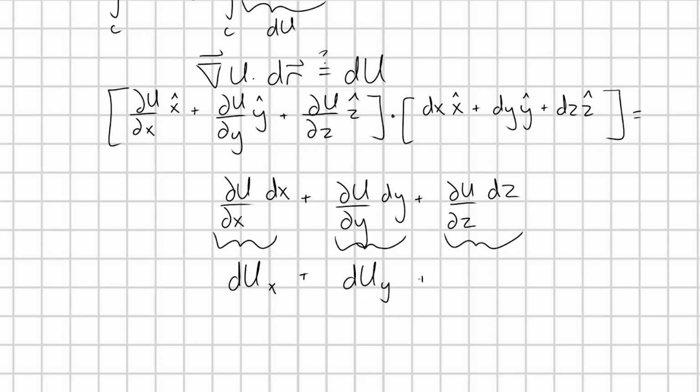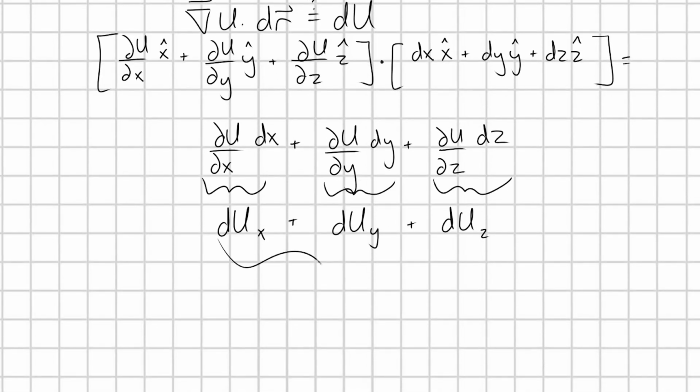And this is going to correspond to the infinitesimal change in u if you move just a little teeny bit in the z direction. And so in other words, if you put all of these together, this is going to be the infinitesimal change in u for moving some arbitrary direction dr, which is essentially some combination of translating dx, dy, and dz all at the same time.